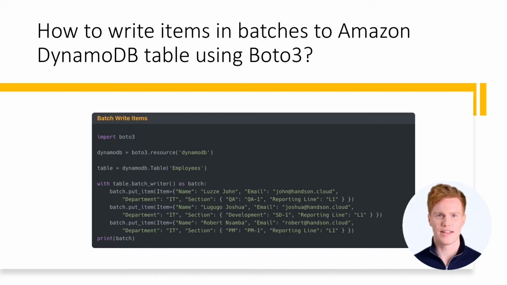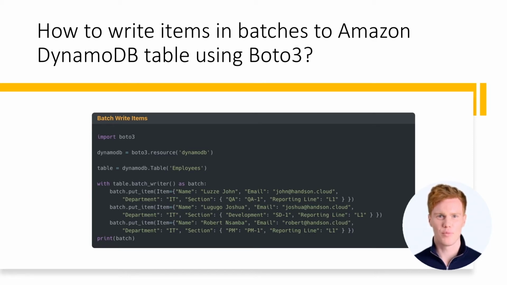The batch write item API call used by the batch writer under the hood supports both put and delete operations. Each API request can write up to 100 items, and each can be up to 400 kilobytes. The batch write item API call has the following limitations. Each request can write items into the same table only. You cannot use filters when writing items, for example, you cannot specify a condition expression.